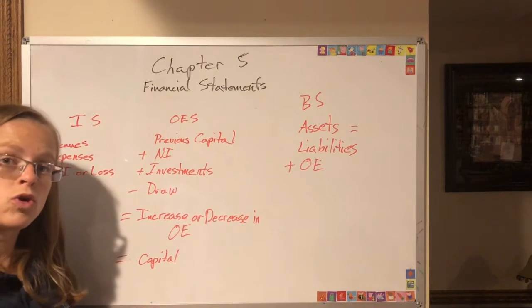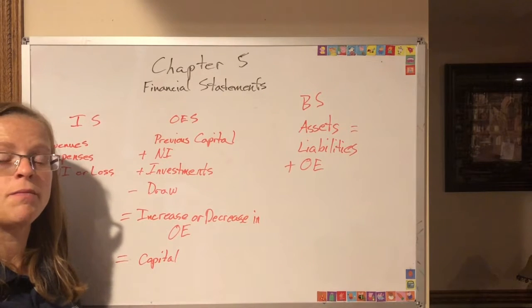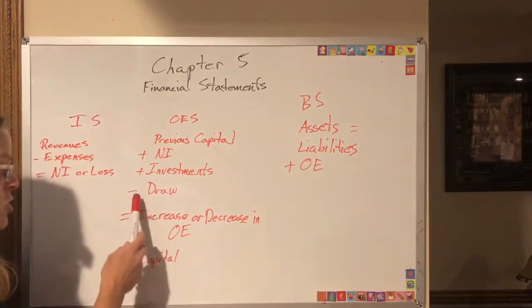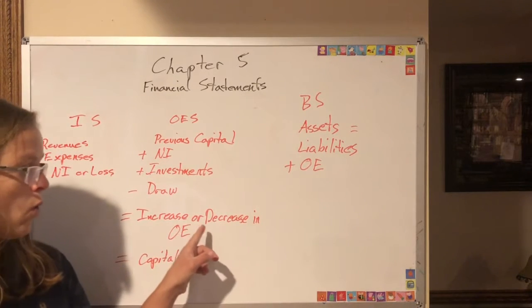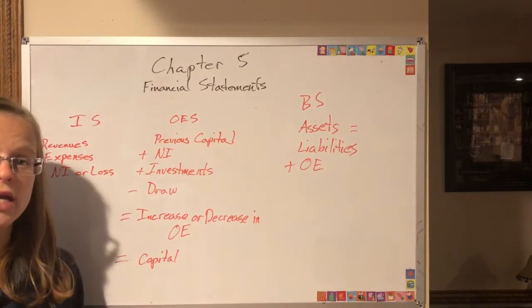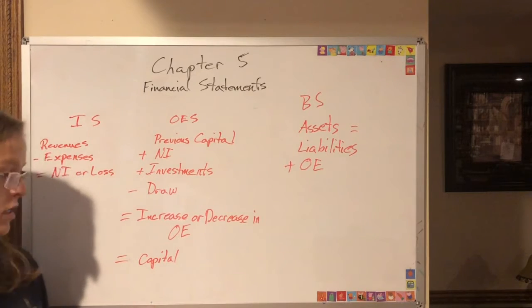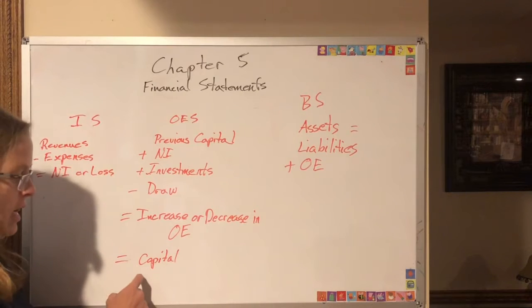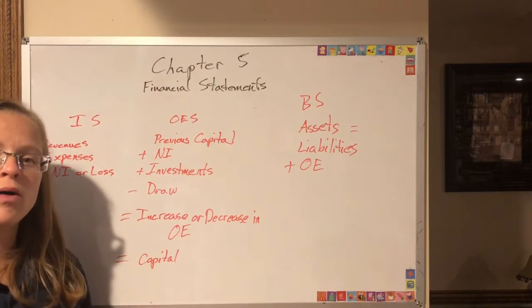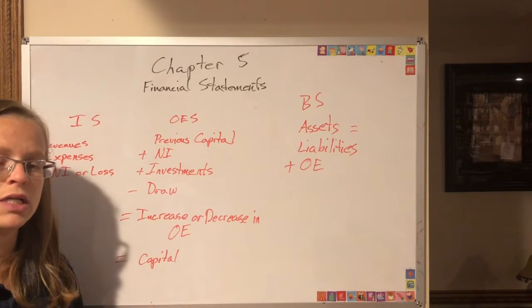Did the owners withdraw any money from the organization for their personal use? Minus draw equals the increase or decrease in owner's equity. Did it increase or did it decrease? All right, and that's your total capital. So the owners lay claim. That's the total amount that they can lay claim to in the organization.